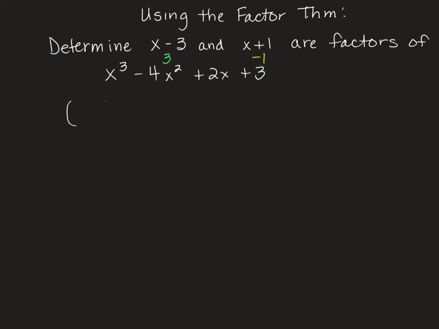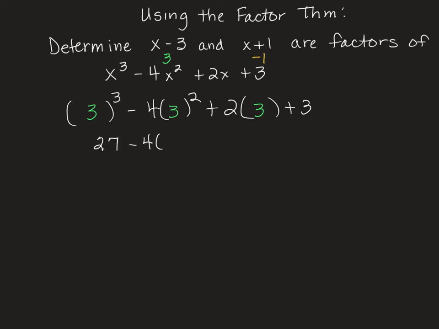So this is 3 cubed minus 4 times 3 squared plus 2 times 3 plus 3. All right, so let's do this. 3 cubed is 27.